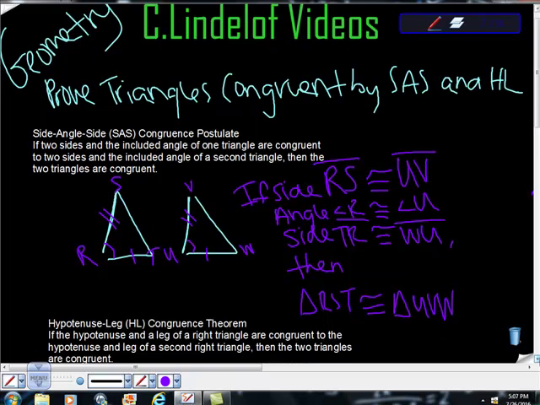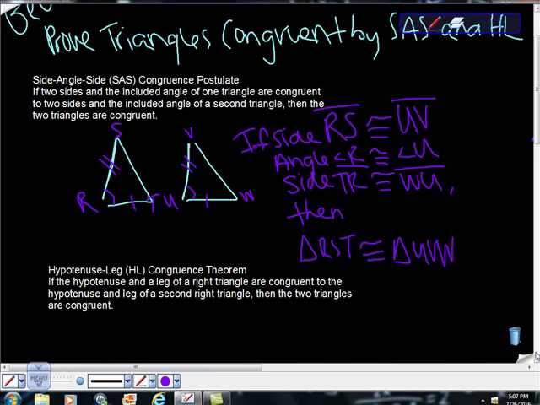And that's pretty simple. It's just following the rules of that. If your two sides are congruent and your angle is congruent, then your triangles are congruent.